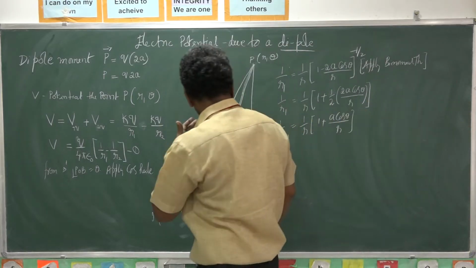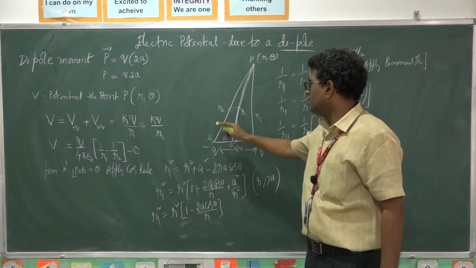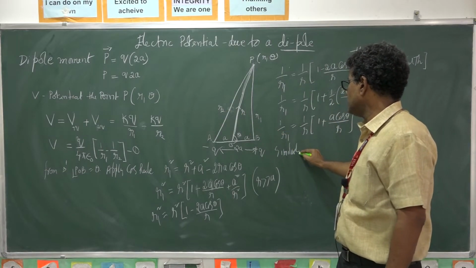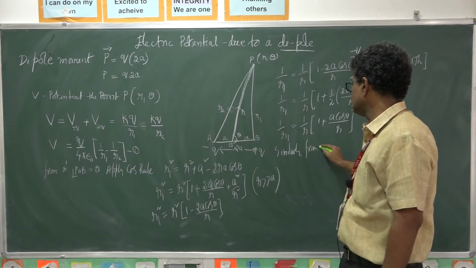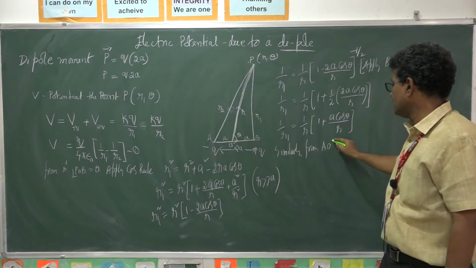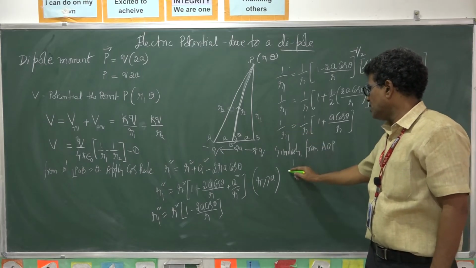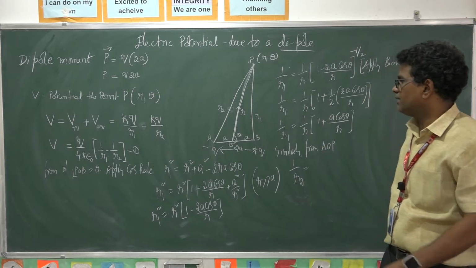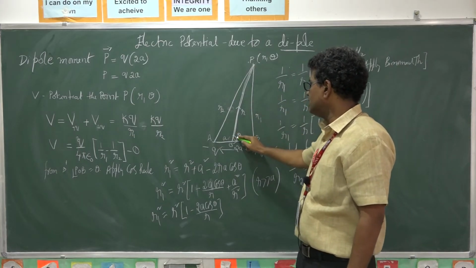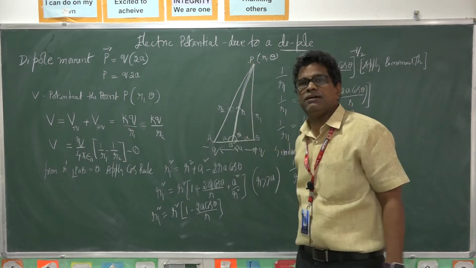Okay. Similarly, from triangle AOP you get R2. See, this angle POB is theta, then angle AOP is 180 minus theta.